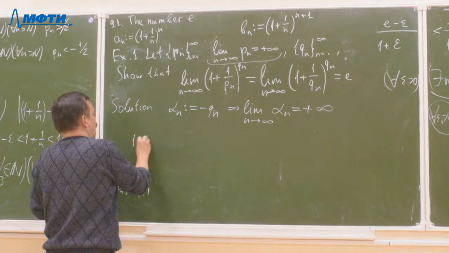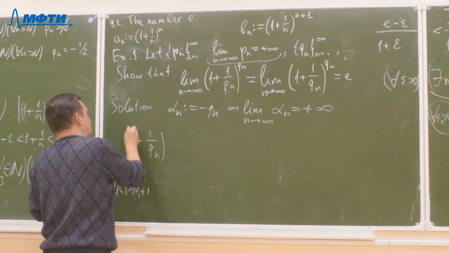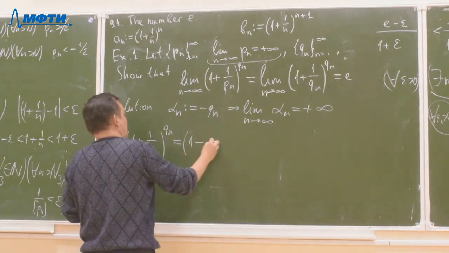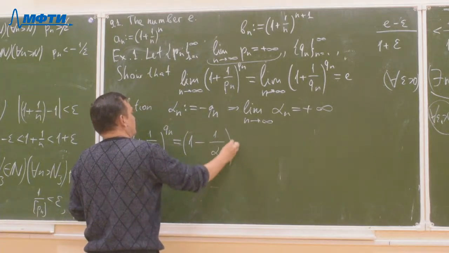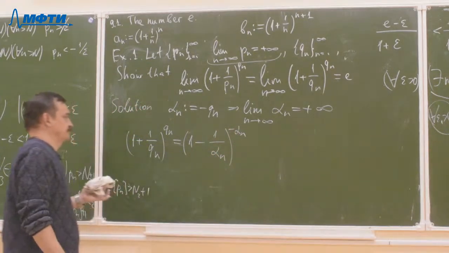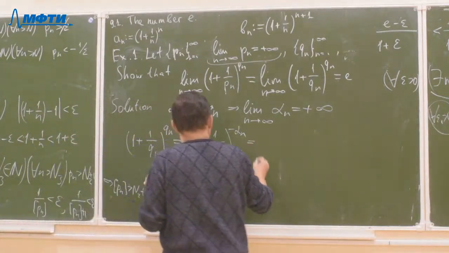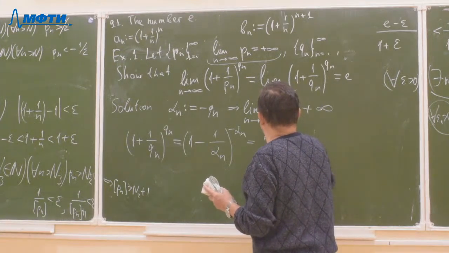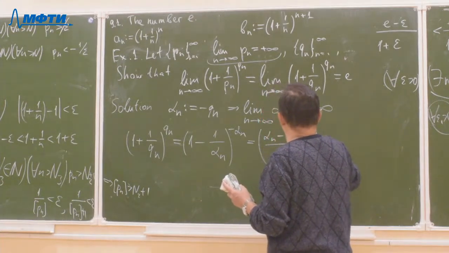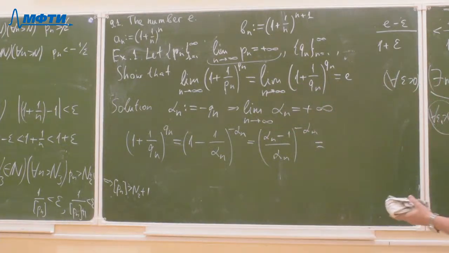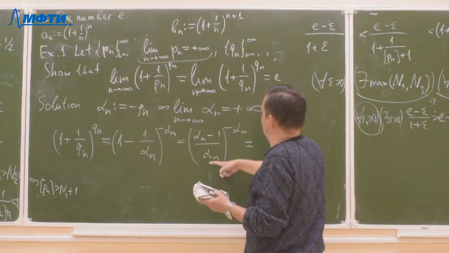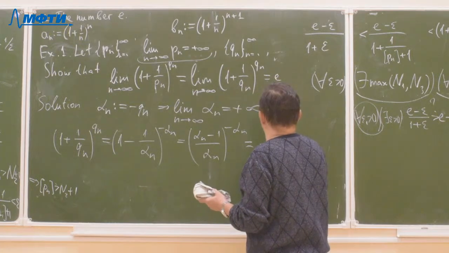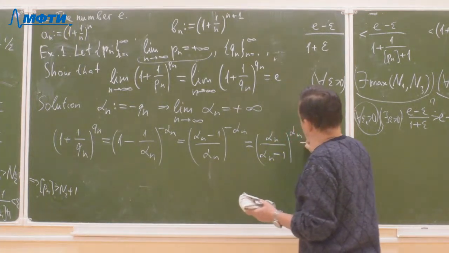And now (1 plus 1 over Qn) to the power Qn, we can write as (1 minus 1 over alpha n) to the power minus alpha n. That is ((alpha n minus 1) over alpha n) to the power minus alpha n, or one over this, so (alpha n over (alpha n minus 1)) to the power alpha n.